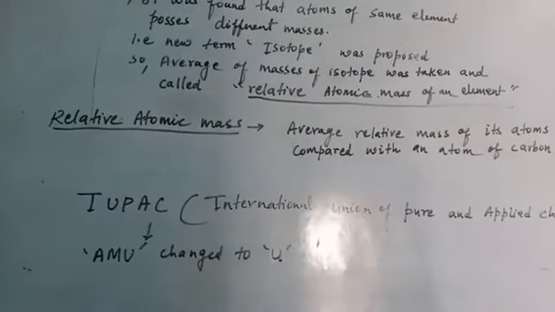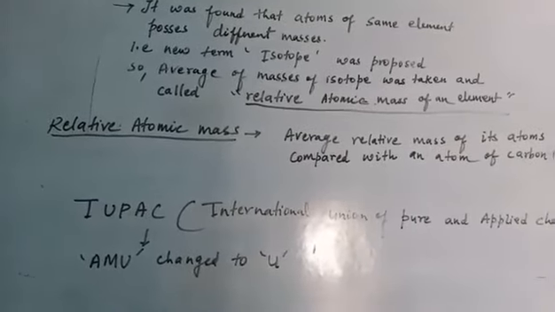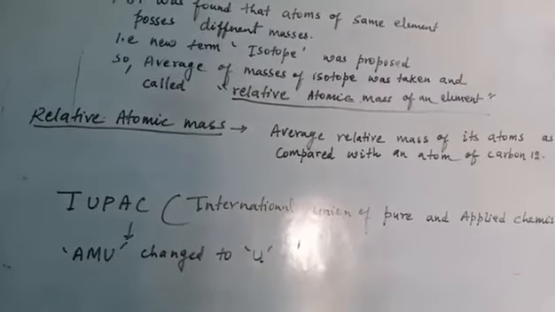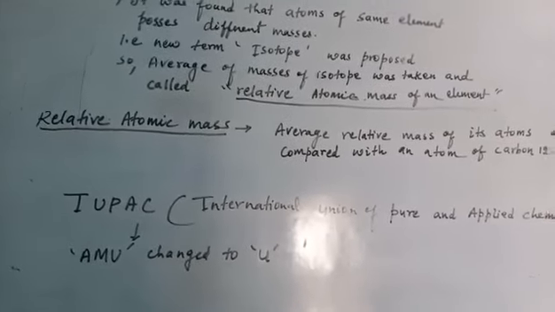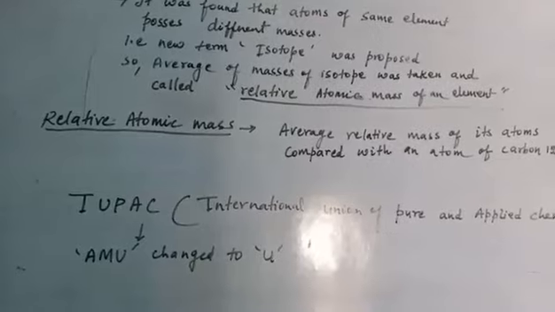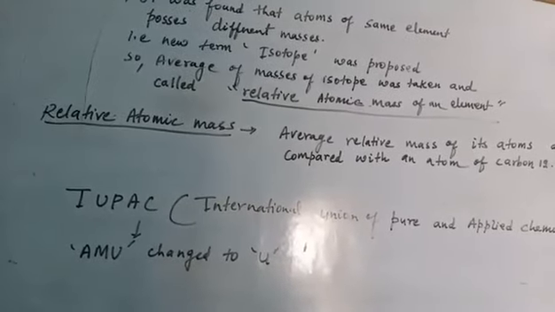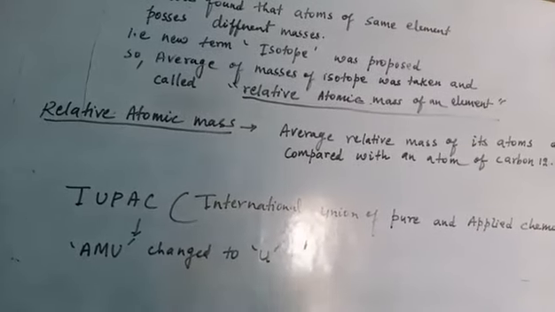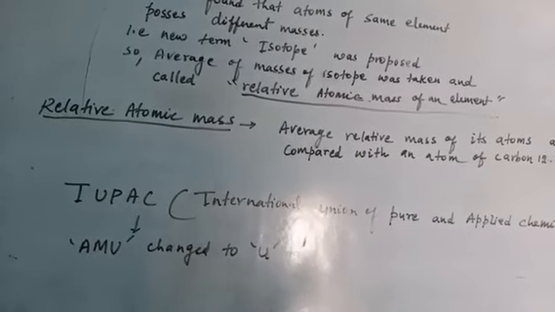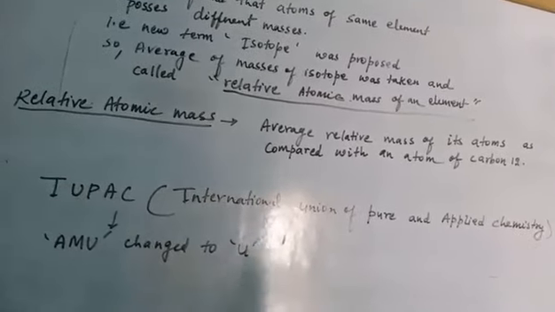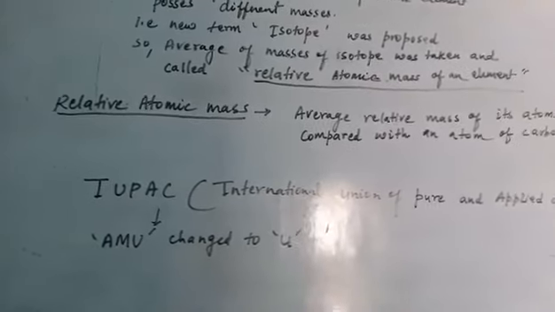So whatever atomic masses of different elements we are now going to see, they are the average atomic masses of elements. Average atomic mass means we have calculated the average of masses of all the isotopes, and that average we have taken as the average atomic mass of that element.